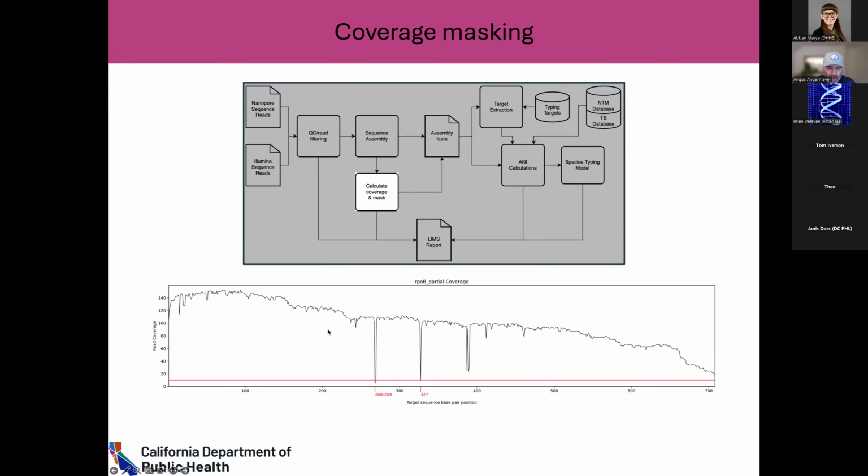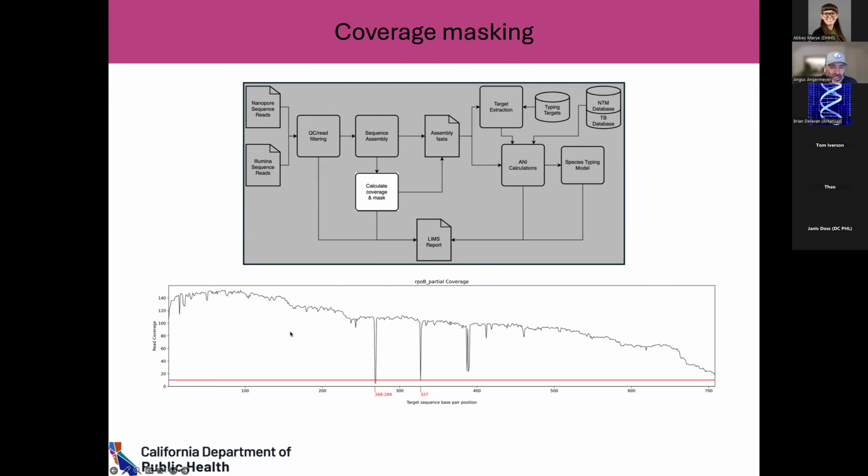Early versions of the pipeline, where we implemented existing thresholds and cutoffs that the group likes to use, were throwing out a lot of data. So we're testing an approach where, just after the sequence assembly step, I remap reads back to the assembly and look for these low coverage areas.